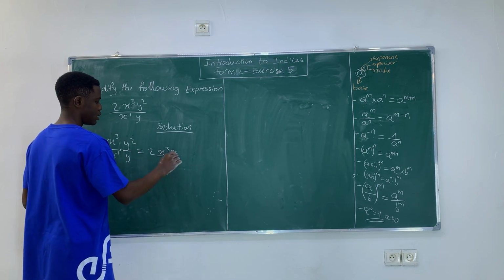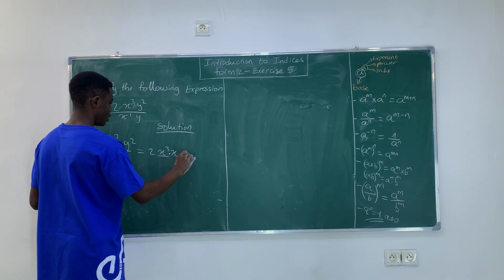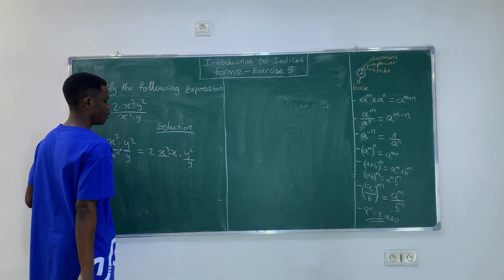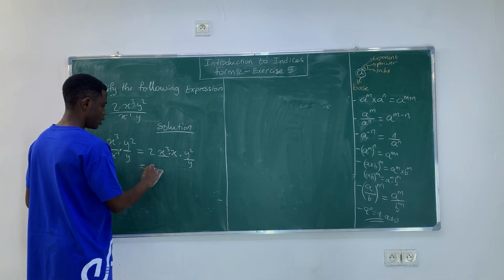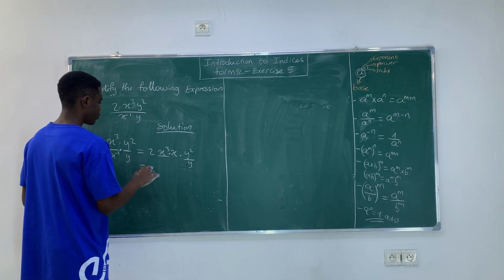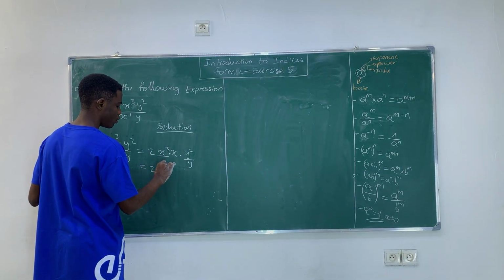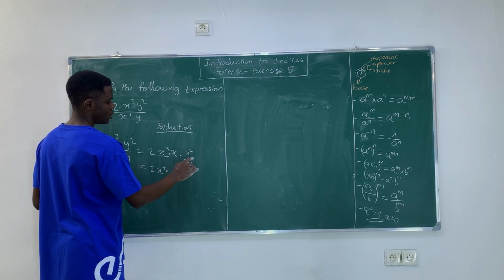Now I copy back this. I put my dots and I have y squared all over y. That's going to be 2. What is x cubed times x? x to the power 4. Then what is y squared divided by y?